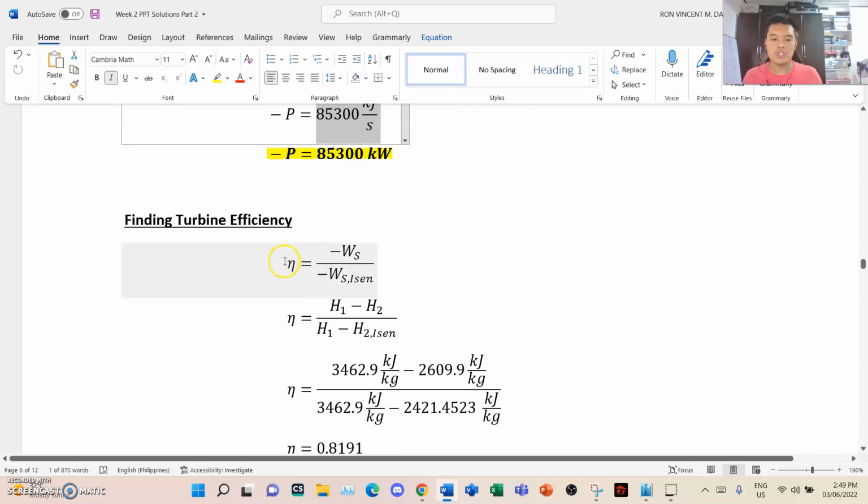Then for the turbine efficiency, how do we find the turbine efficiency? Remember that our final derivation of the turbine efficiency is that the efficiency is equal to the actual shaft work produced over the isentropic or maximum shaft work produced.